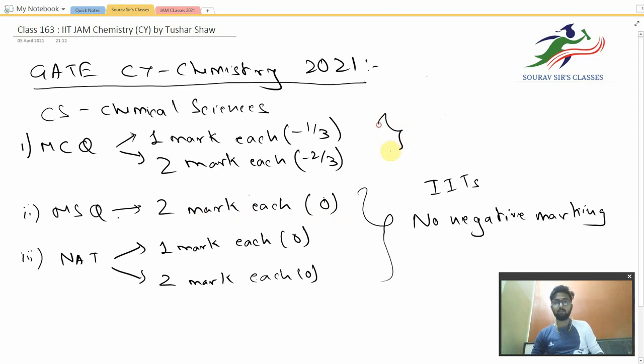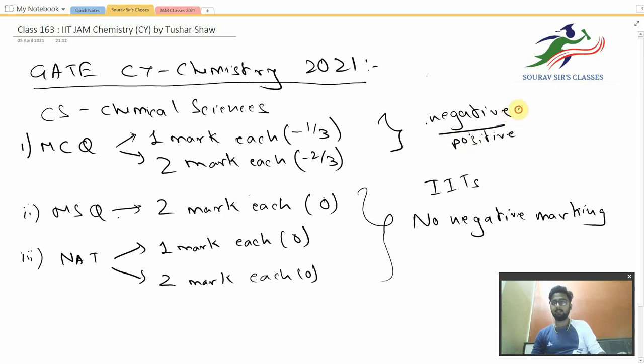For MCQ type questions, I would really suggest that only if you know the answer surely, attempt it. Otherwise, don't attempt at all, because negative marking makes a huge difference in your ranking. Even if two people have the same marks in the GATE or JAM paper, there is a negative to positive ratio.